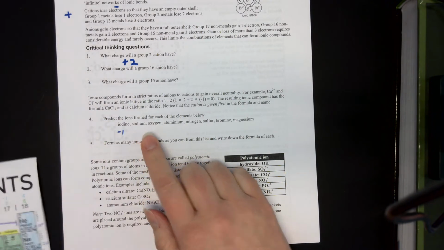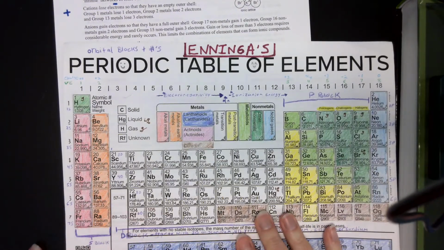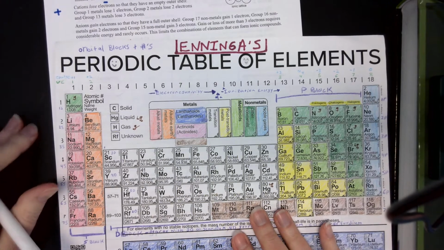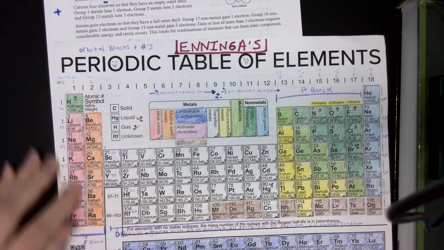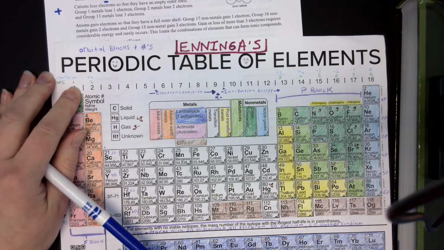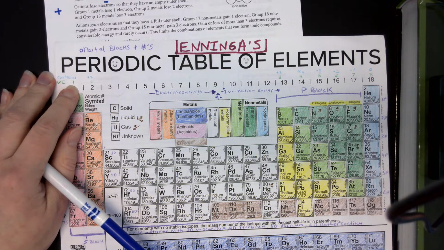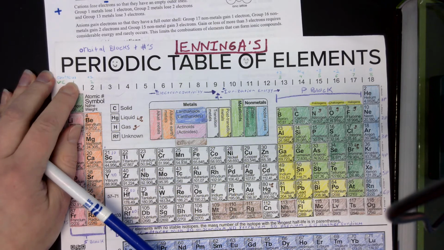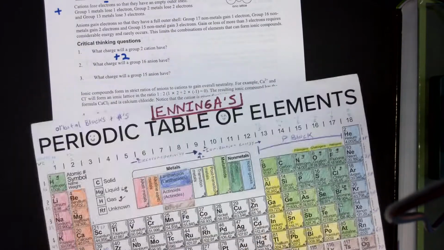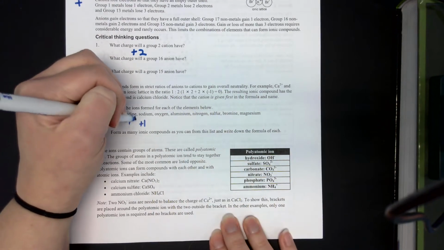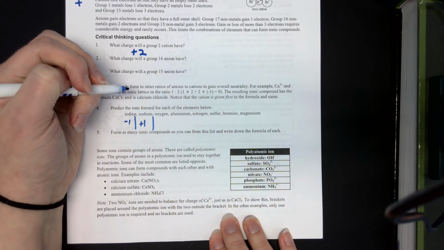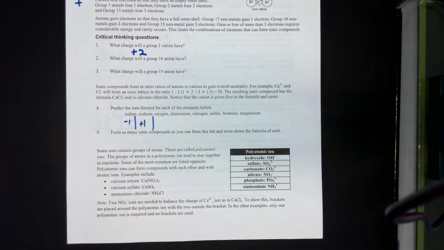For sodium, likewise, you look at your periodic table, find sodium. Sodium is in group 1, and it has 1 valence electron, so it's easiest for it to just get rid of 1 electron, so it's going to have a +1 charge. Okay, I'll do one more.